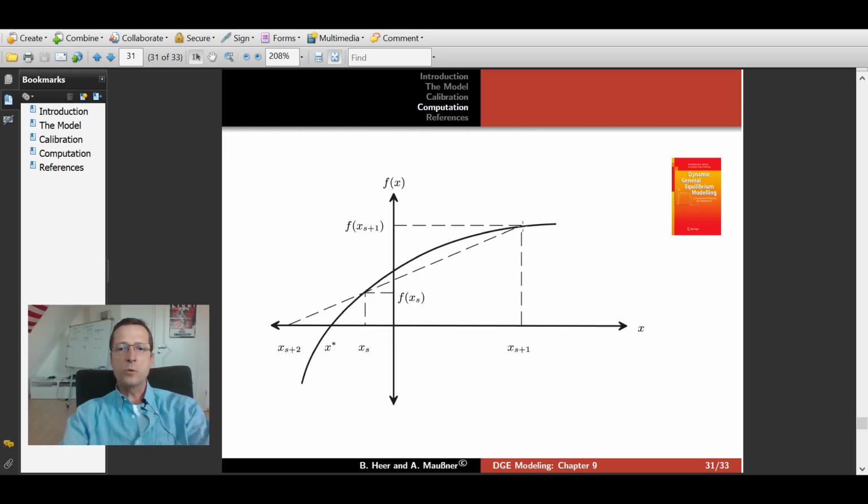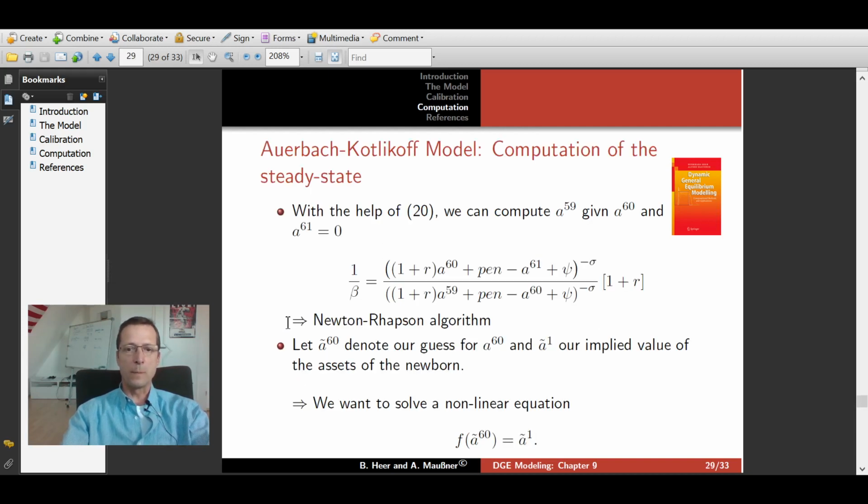How do we get to the next guess of the capital stock at age 60, to the value XS plus 2? Well, we use the secant method, and this is simple geometry. So you just lay a secant through the two points here, f of XS plus 1, f of XS, and compute the 0 of this linear function, of this secant. And this is provided by the following formula here.